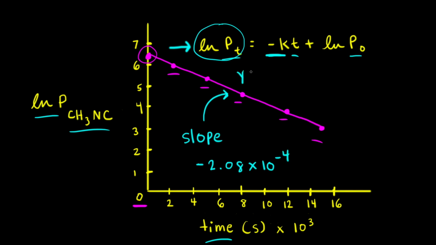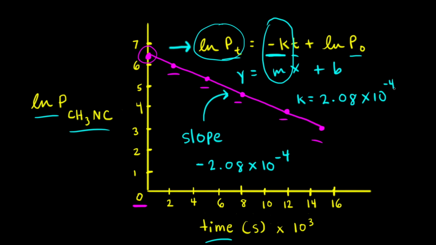And since if I go ahead and write y is equal to mx plus b, I need to remember to take the negative of that slope to find the rate constant k. Therefore, k is equal to positive 2.08 times 10 to the negative fourth.